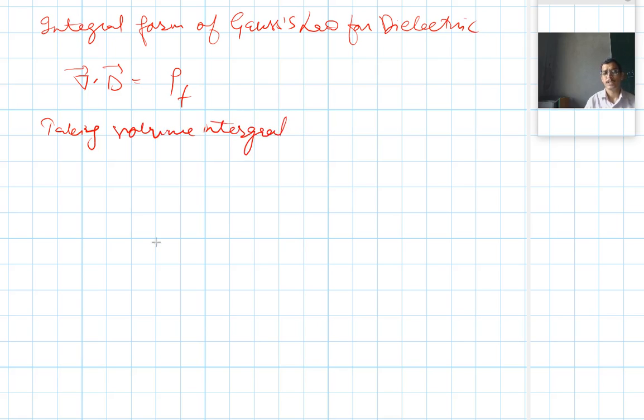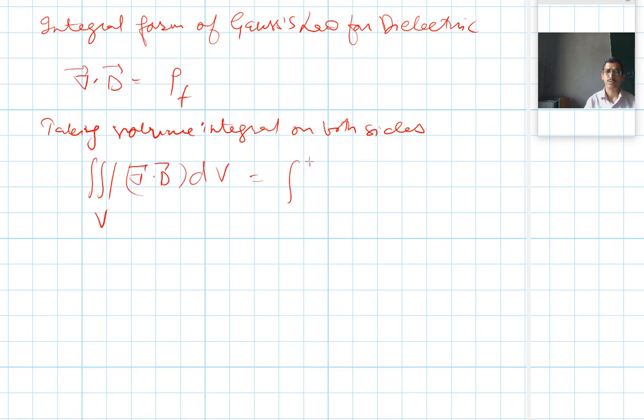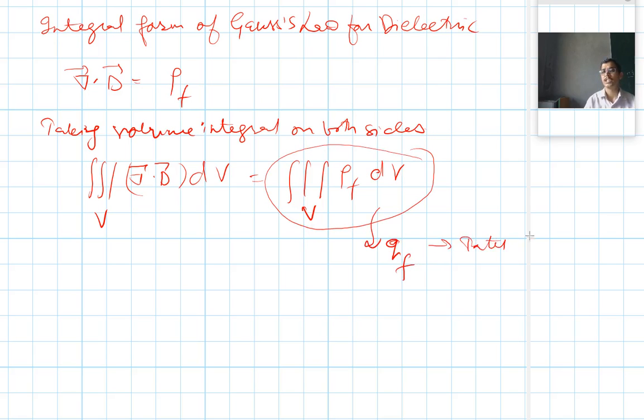So it is the volume integral of del dot D dV equal to the volume integral of rho f dV, and this tells us about the total free charge.